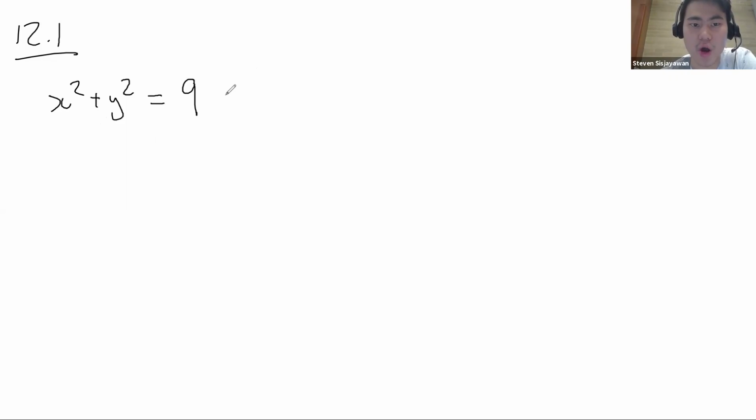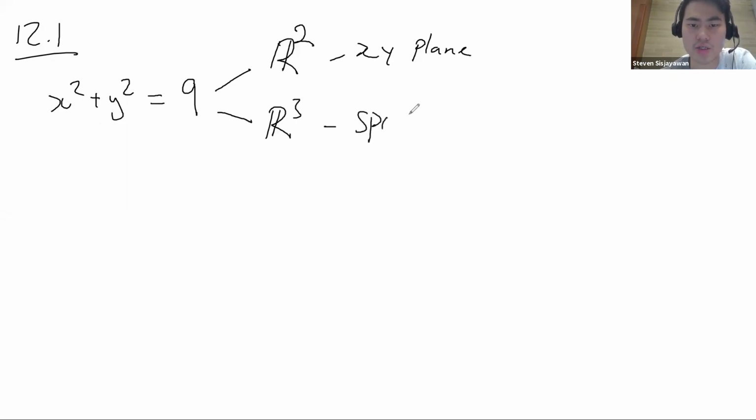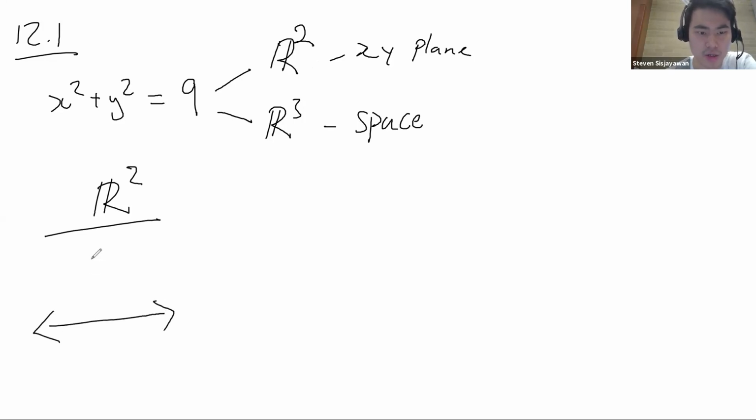You also have to specify whether you're graphing it in the real Cartesian space R2, the XY plane, or in R3, which you can consider as space for now. In R2, as covered in lecture, this is going to look like a circle with a radius of 3, based off this equation.